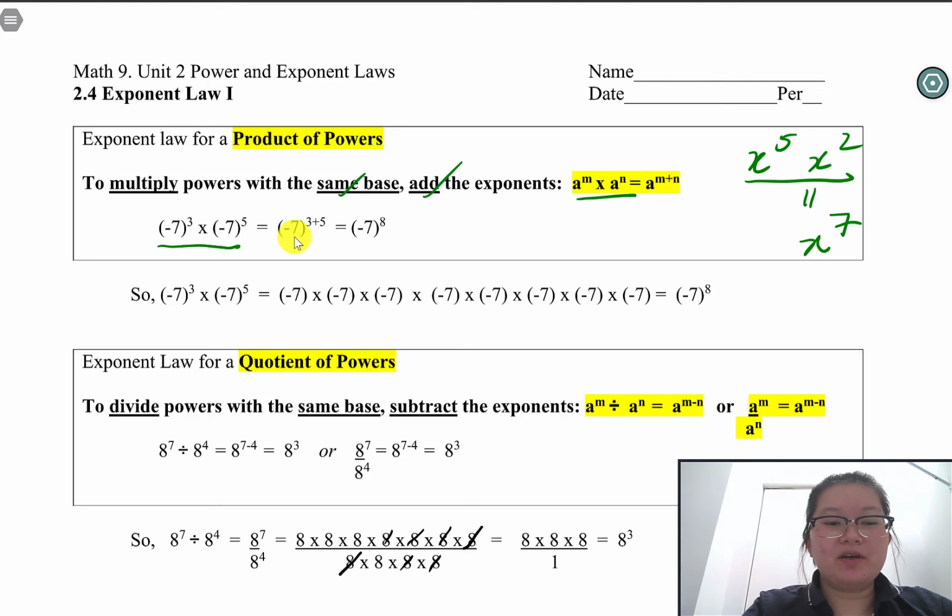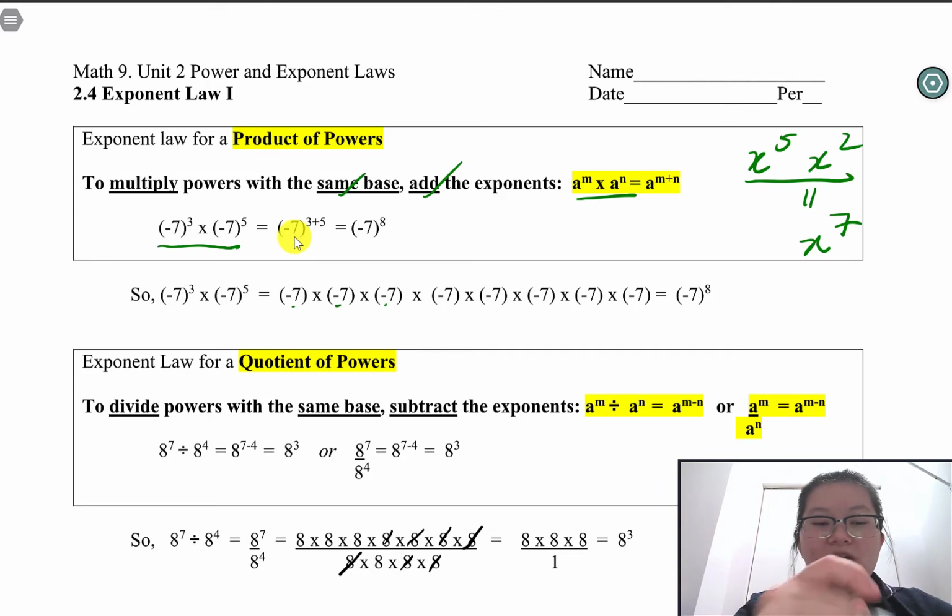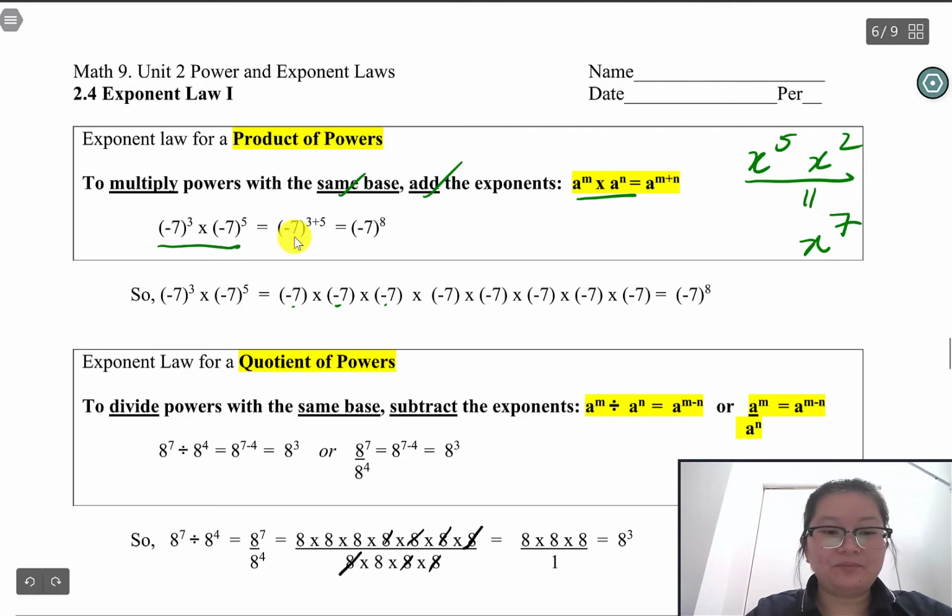Well, think about this. We know that -7 to the power of 3 is essentially 3 -7s multiplying one another. We're going to multiply that by -7, all of that to the power of 5 here. And that means I take -7 and multiply itself 5 times. So here we have 1, 2, 3, 4, 5. So I'm still multiplying more -7s.